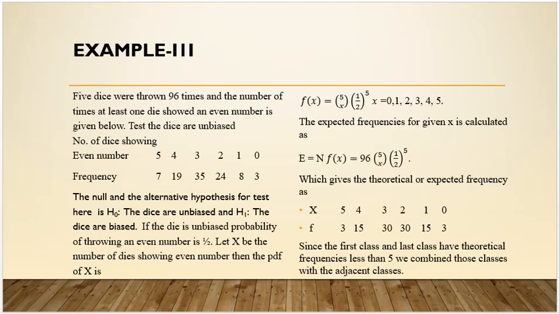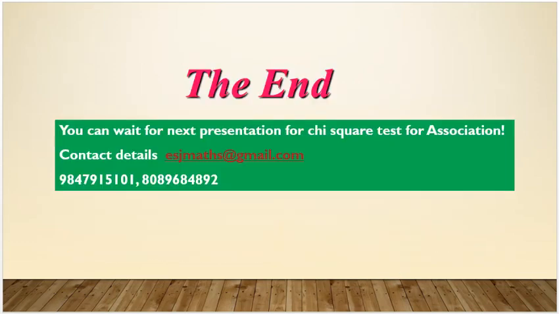So we have the binomial distribution with p equal to 1 by 2 and n equal to 5. The theoretical frequency should be calculated directly from this formula. You need not find the estimate of p, that is, you don't need to go for x bar and then p equal to x bar by 5. That is not required here because it is given to be 1 by 2, since only then the dice are unbiased. Okay.